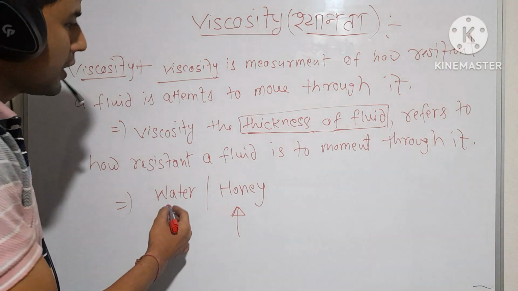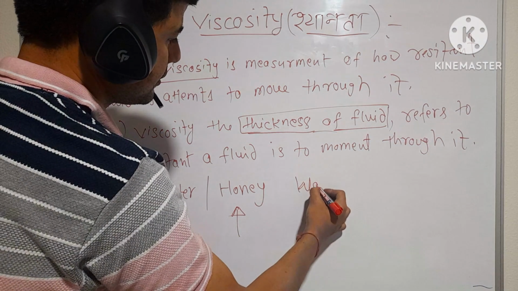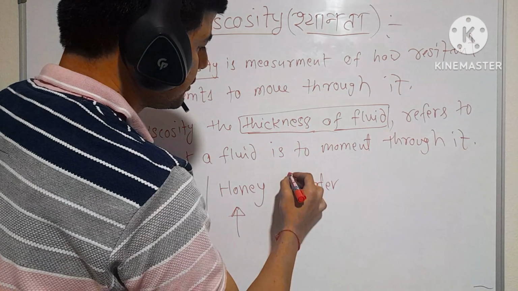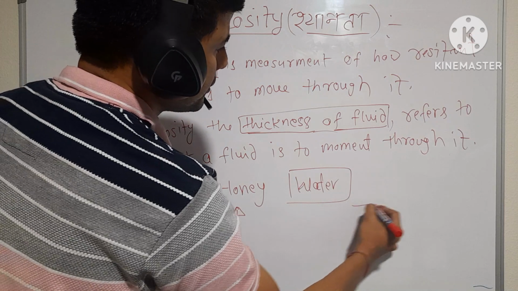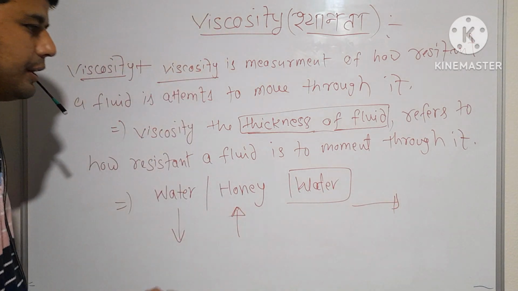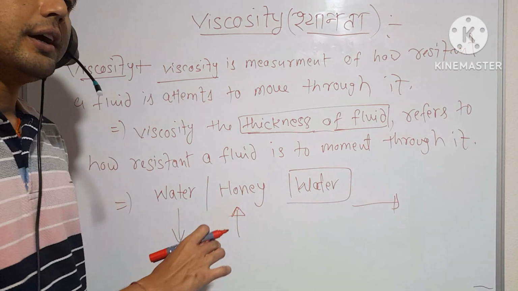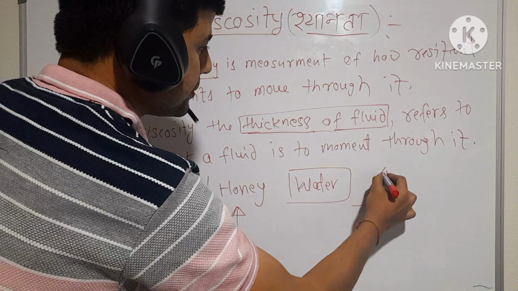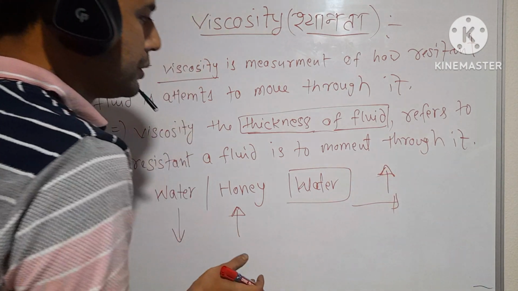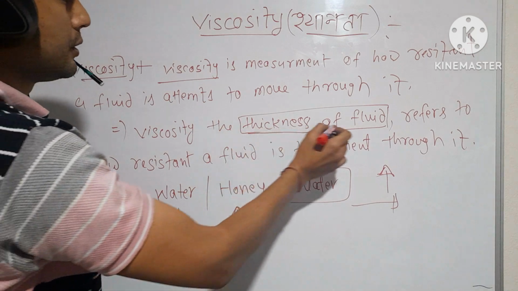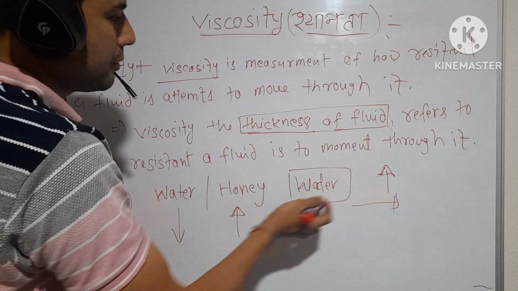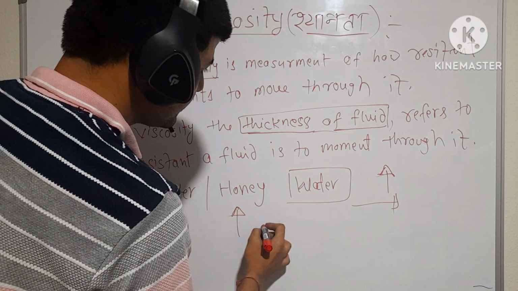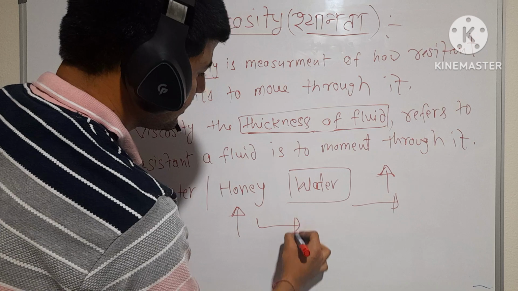So water flow rate is high, and honey, this thickness is high, this viscosity is high, so the movement or flow rate of water is high and this honey is slow.